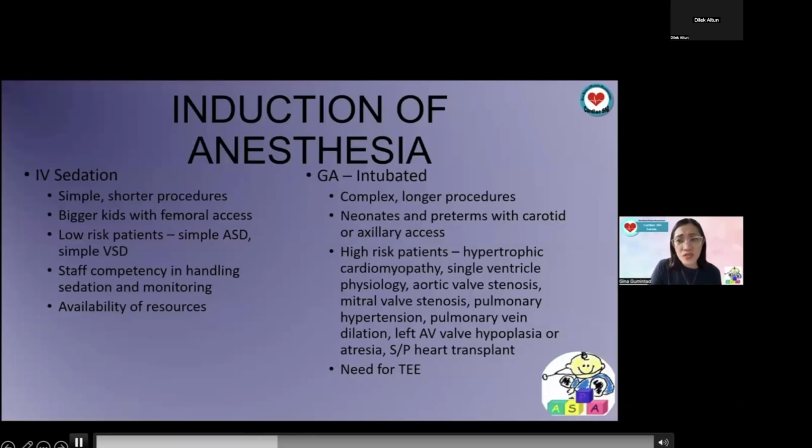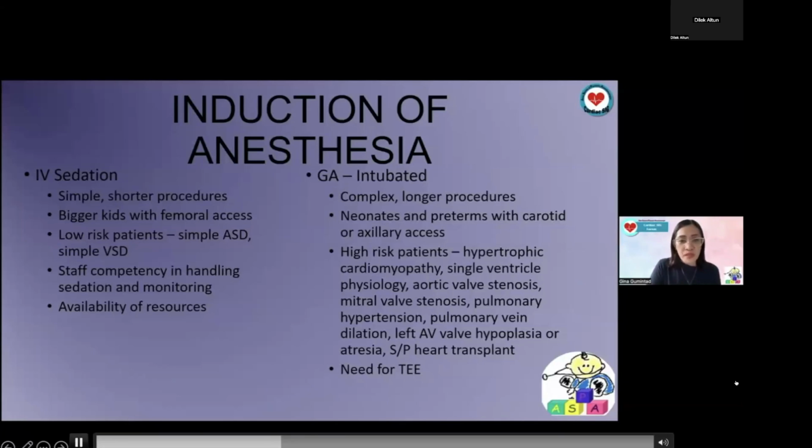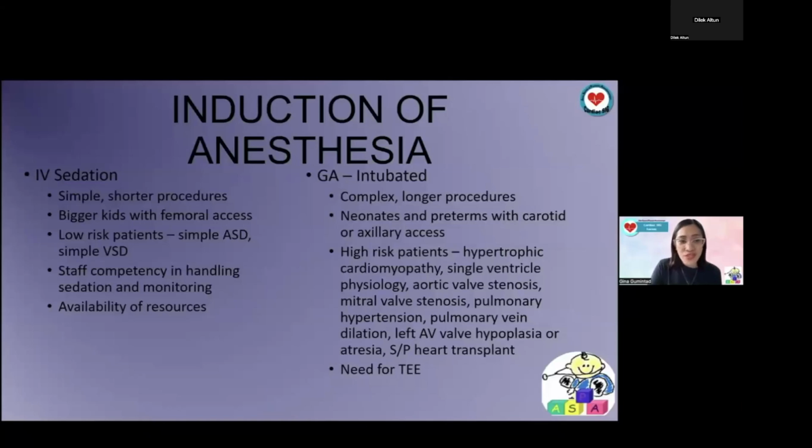And sometimes we also need to consider intubation if the patient is a smaller kid and we need to do TEE. The manipulation of the TEE could be disturbing and can lead to other complications.